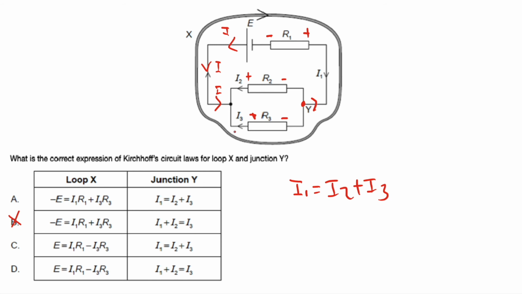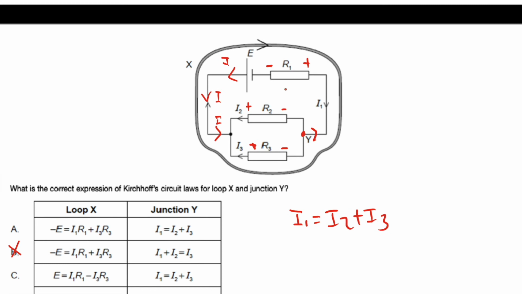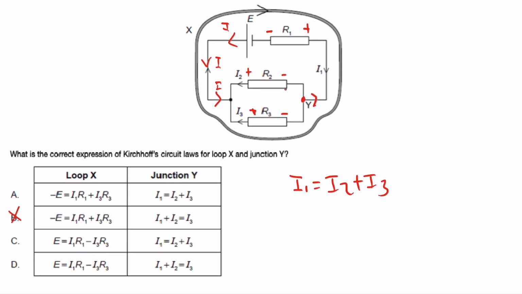And for loop X, let's do this. Here is the positive terminal and here is the negative terminal. So E minus I2 R2 minus I1 R1 is equal to 0.